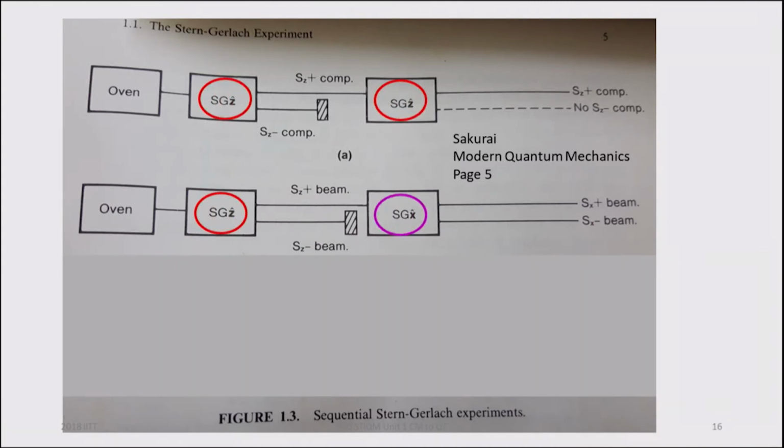But if you have a Stern-Gerlach apparatus in which the magnetic field is along the z axis, stop the minus component, the spin down component, and let the spin up component go through a different magnetic field, a Stern-Gerlach apparatus which is oriented at 90 degrees with respect to the previous one, then you get two beams, one with spin down and the other with spin up with respect to the x axis.